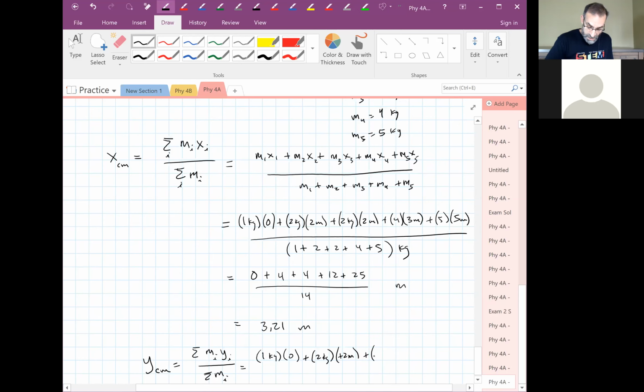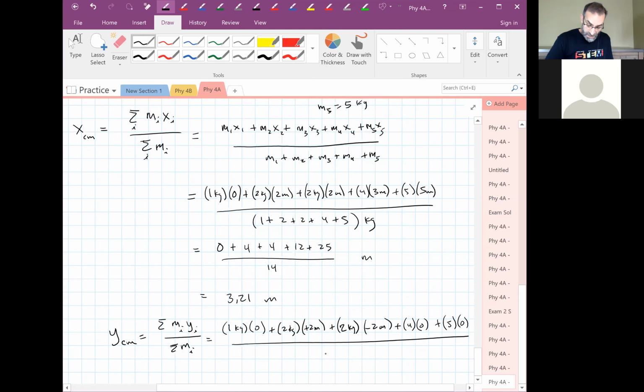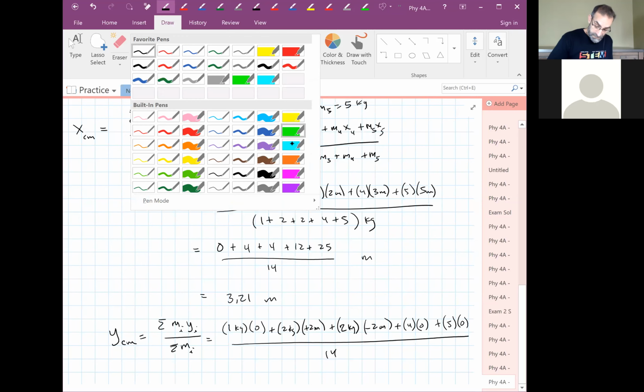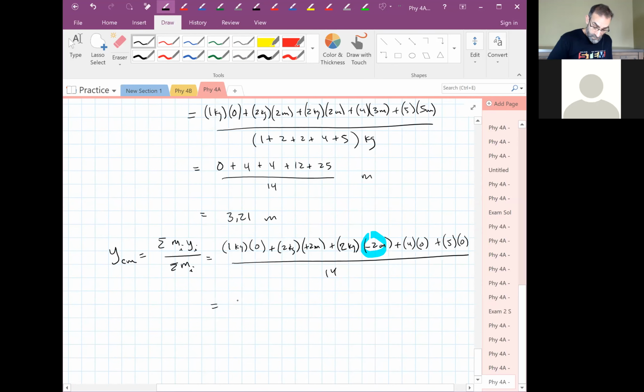And 3 is also 2 kilograms, but it's at y equals minus 2. And then I've got a 4 times 0, and a 5 times 0. And I divide by 14. And so because of this, I get 0.